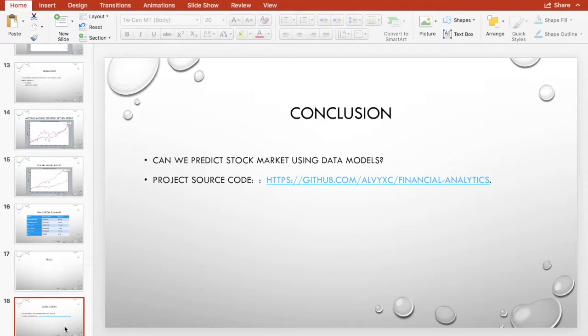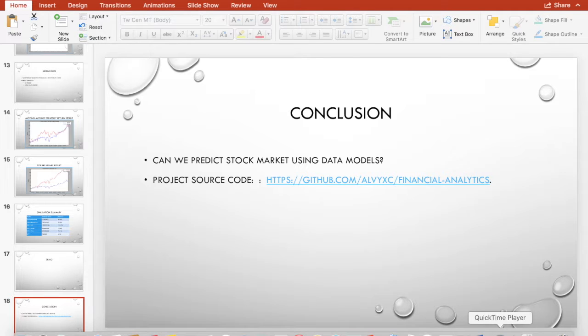Lastly, I just want to mention that I put my project, all the source code and data files, in my GitHub repository. You can go in there if you're interested and see what I'm doing.